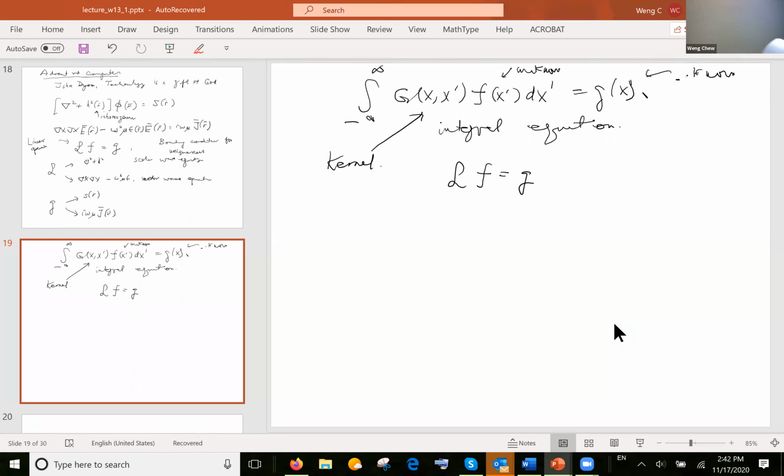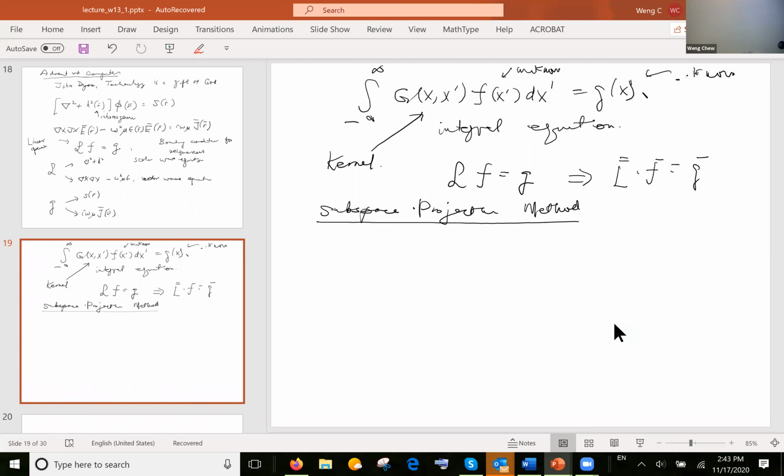Well, the way to solve it is actually to find a way to convert it into a matrix equation such as this one. And this can be done by what is called the subspace projection method. Okay, and how do we do that?